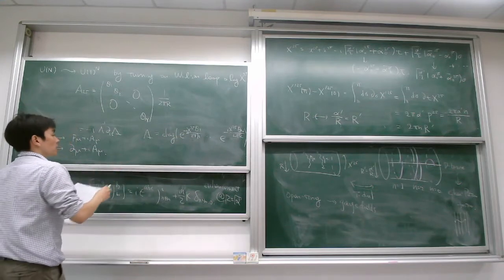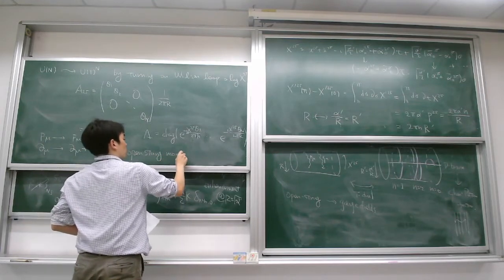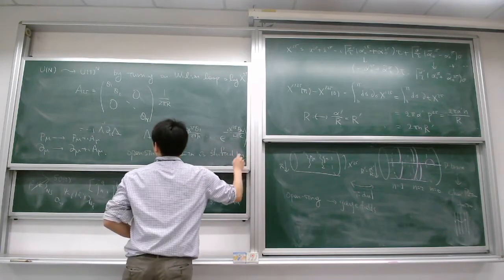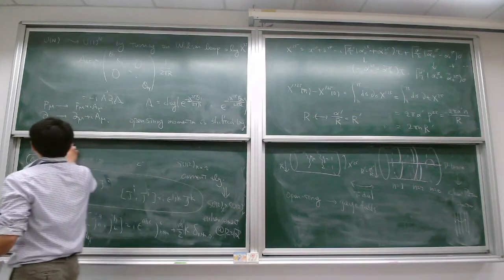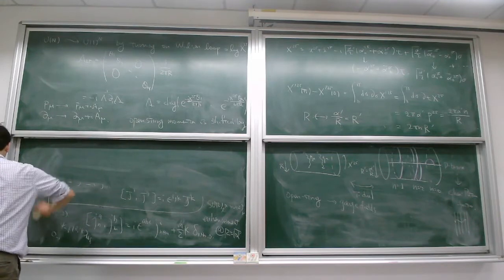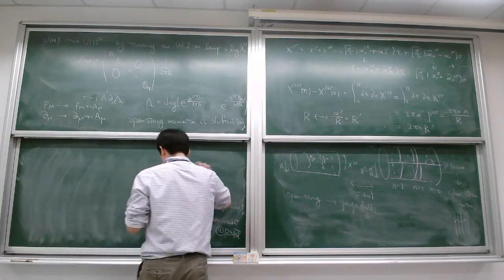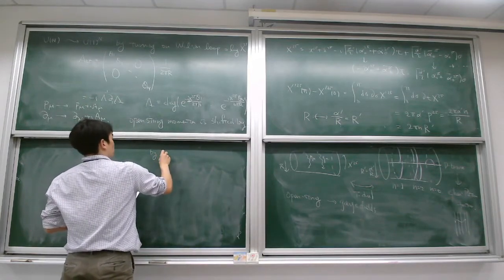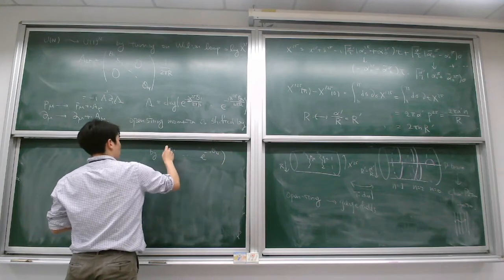So therefore, open string momenta are shifted by this amount if you turn on gauge field in the 25 direction, shifted by e to the i theta 1 up to e to the minus i theta N. So that's the diagonal matrix.